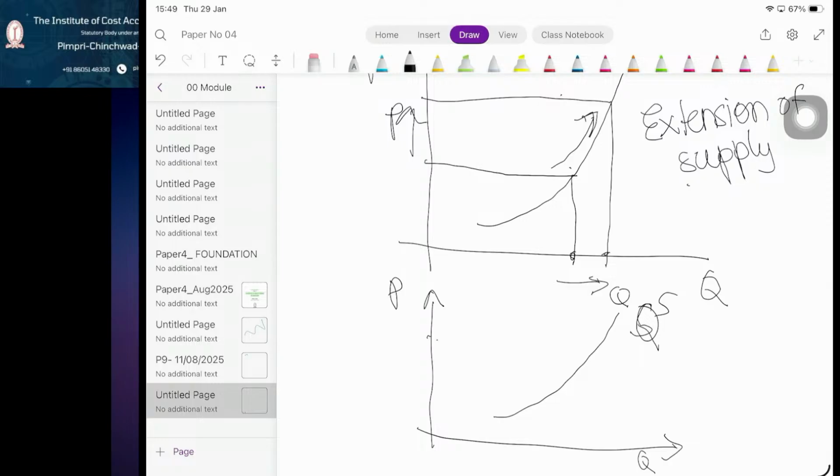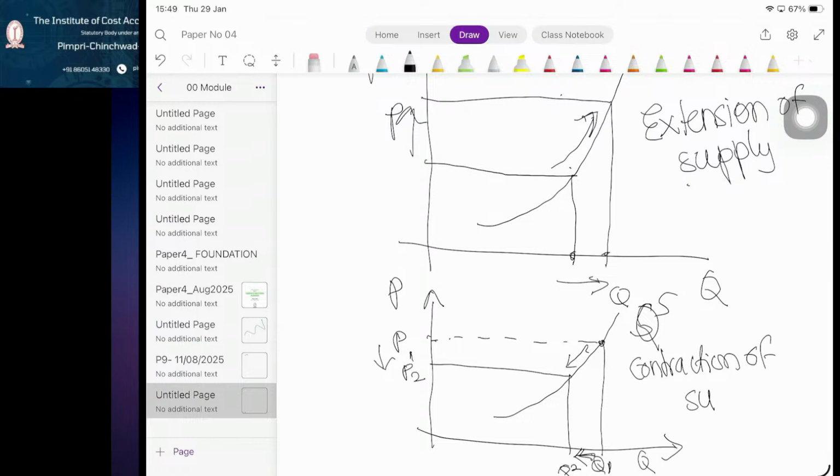Contraction. Suppose this is the price and this is the quantity supplied. If price decreases, quantity supplied also decreases. This movement is called contraction of supply.